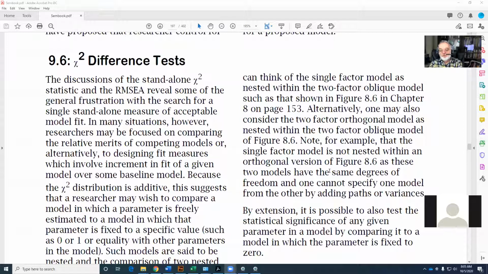And not surprisingly, maybe, especially given that Joreskog was at that time working for ETS, the chi-squares were always significant. And as a result, they would make some little twiddles to the model. They would look at the observed and the expected variance covariance matrices, and they would add a path here and there to improve model fit.